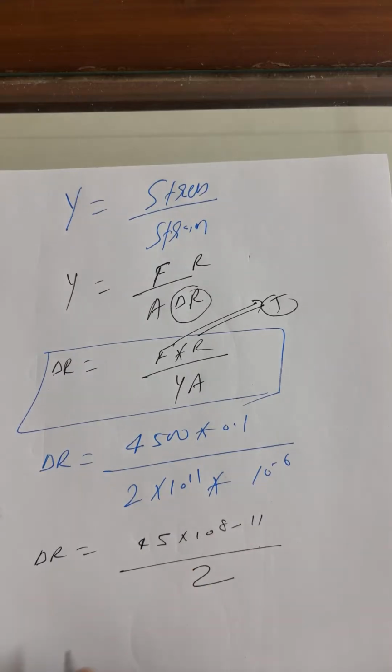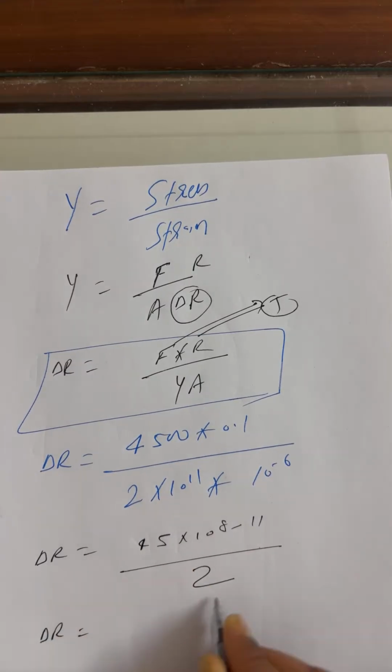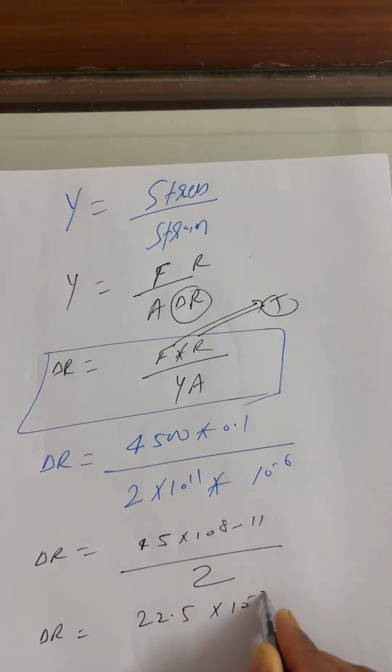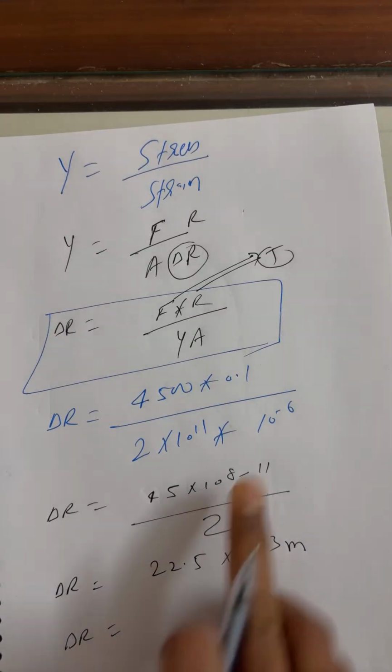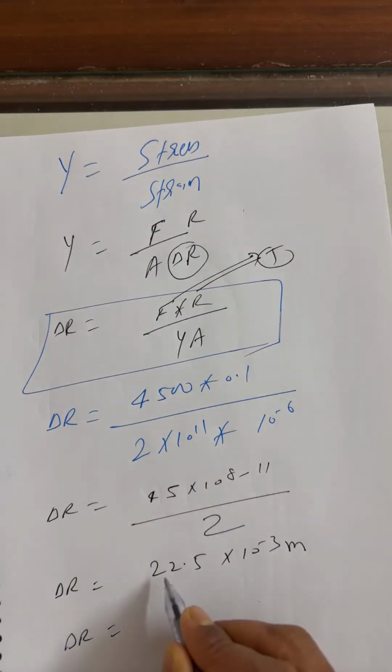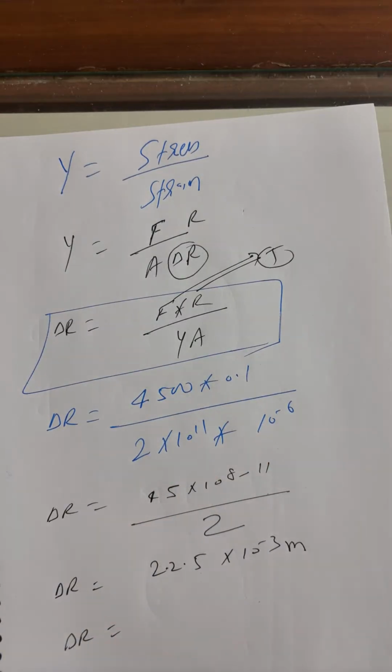So what you will get is delta R equals 22.5 into 10 to the power minus 4 meter. Correct? It's point 1, one more, so it's not 22.5, it's 2.25.